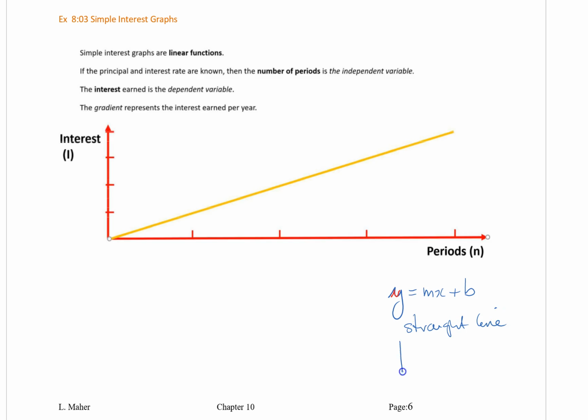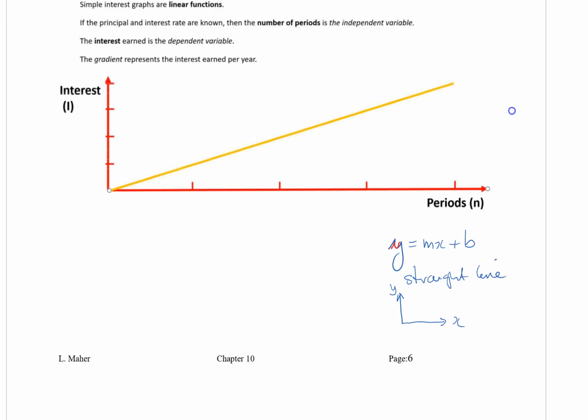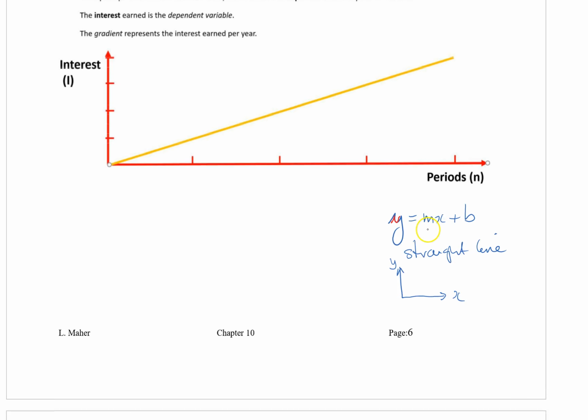And obviously, when we graph that, our y is on the vertical axis and our x is on the horizontal axis. I'm now going to make that connection between the algebra and our formula for simple interest.